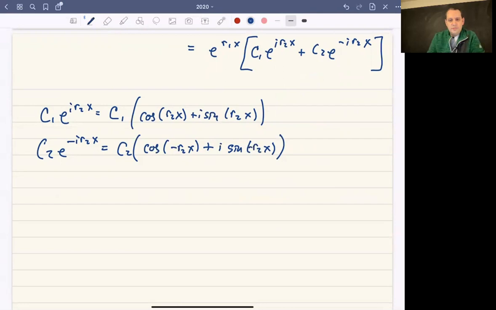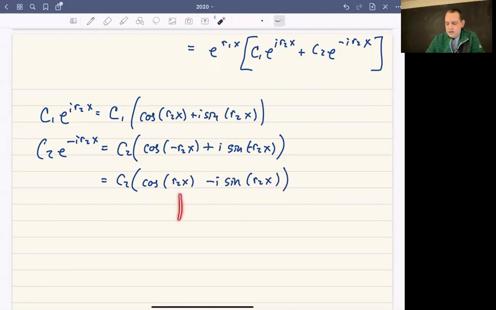One thing that's going to be crucial here is that we know that cosine is an even function and sine is an odd function. And so what that means for us is that this is going to be cosine of r2x minus I sine of r2x, because the minus inside the cosine can just get absorbed. It's an even function. And the minus in the sine can actually come out because it's an odd function.